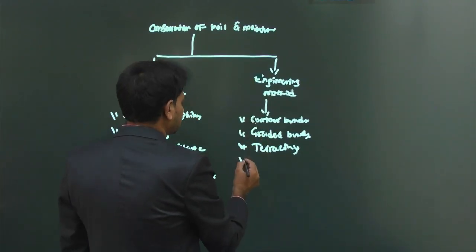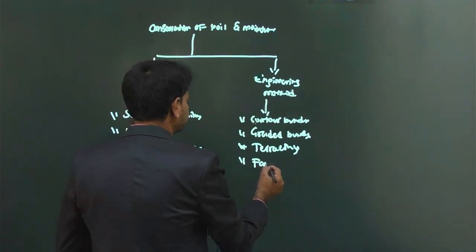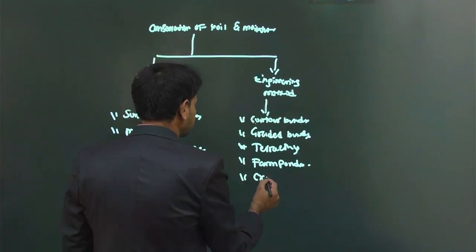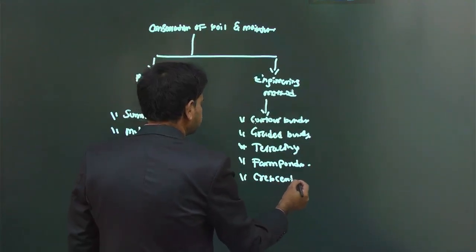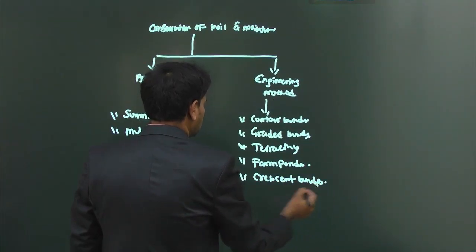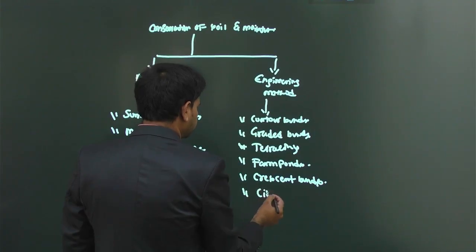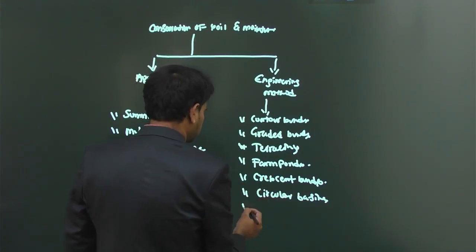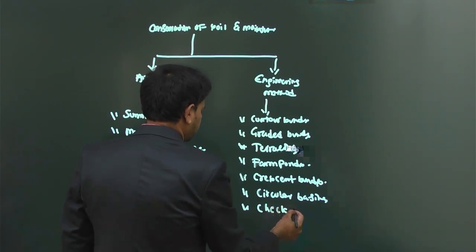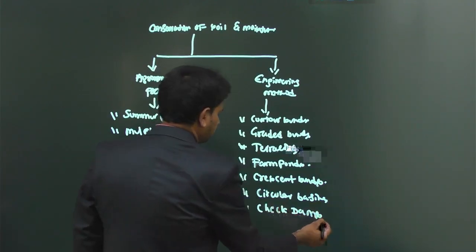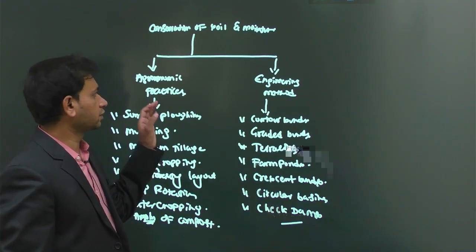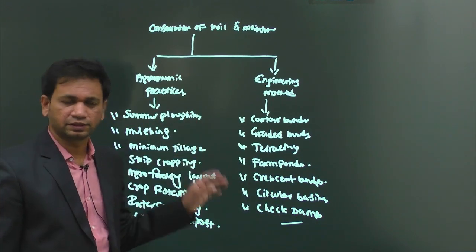Then we have farm bunds, crescent bunds, circular basins, then check dams. These are some of the techniques and practices we have for conserving the soil and moisture in the dryland regions, right?